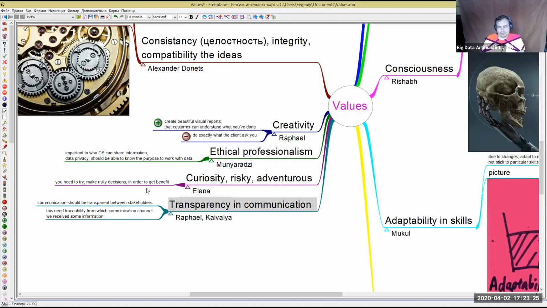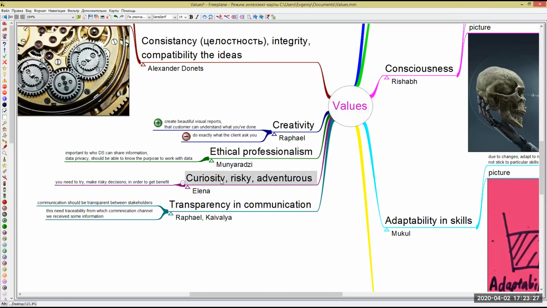So by transparency, I mean some kind of truthfulness of information.